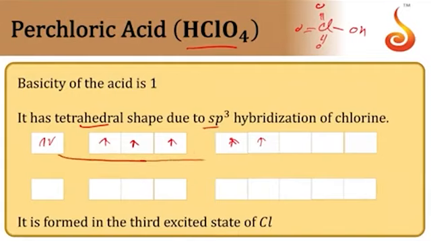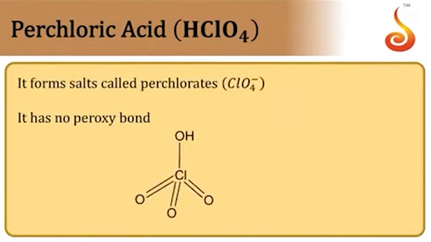So send 1 more electron here. Therefore all 7 of them are now completely unpaired, and it forms 7 covalent bonds. That is said to be the third excited state. There is no peroxy bond in this one, though it is called perchloric acid.